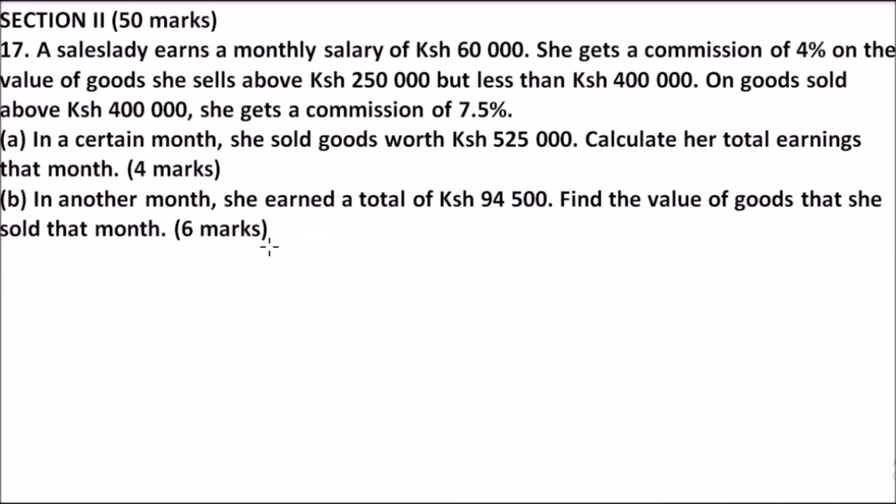So we start with part A. That month, the lady sold goods worth 525,000. For goods between 250,000 and 400,000, she was getting a commission of 4%.